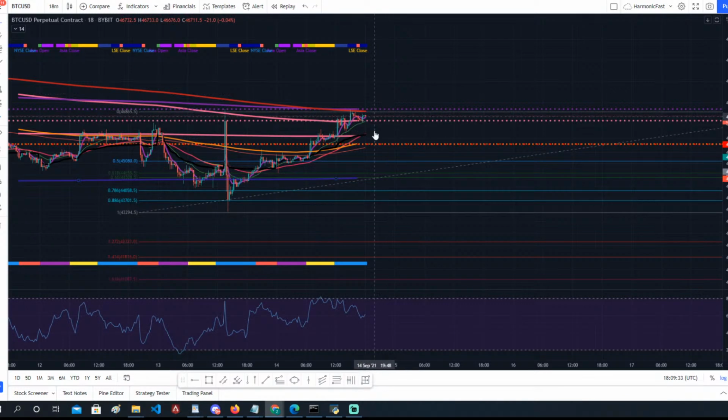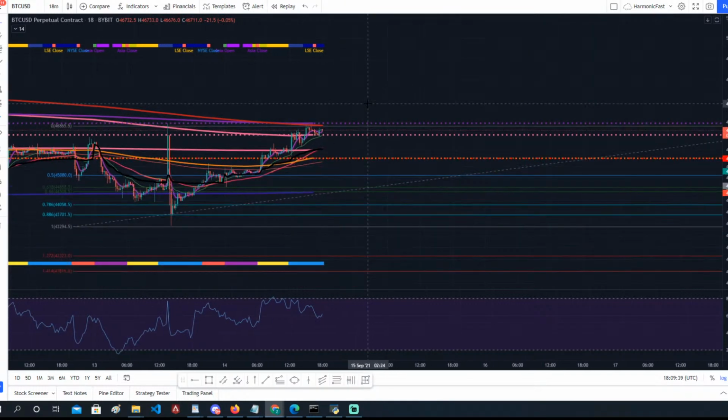So it seems very likely to see a retracement, and this was such a move that we've seen a lot of times in Bitcoin, where you have these pump and dumps, and then from the dump we just retrace all the way back to the top. Doesn't mean we have to break it. It happens a lot, and then we just retrace.